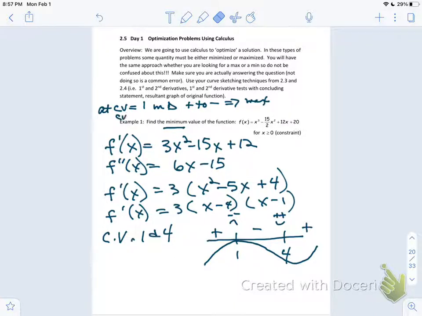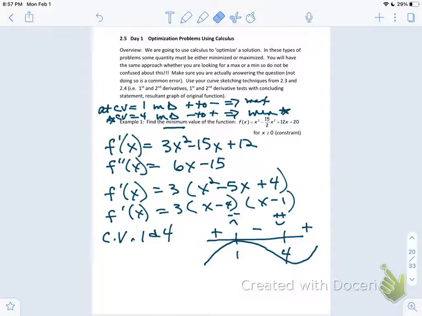At CV equals 4, the slope changes from negative to positive, which gives me a min, and that's what I'm looking for. Okay, so that's the first derivative statement.